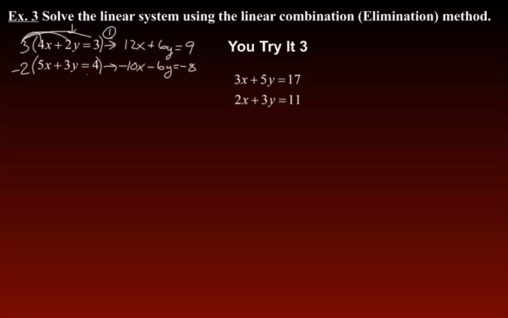Step 2 is always to add the two equations together. So 12x plus negative 10x is 2x. 6y and negative 6y, the y's cancel, so I know I did it right. And then 9 and negative 8 is 1.